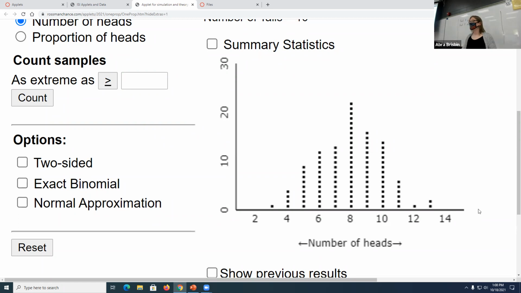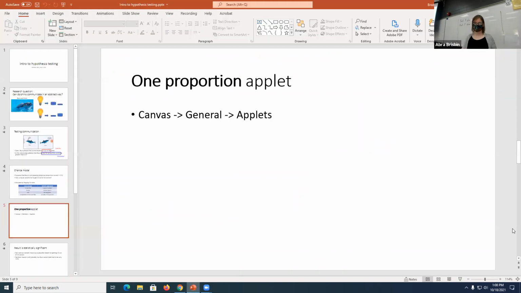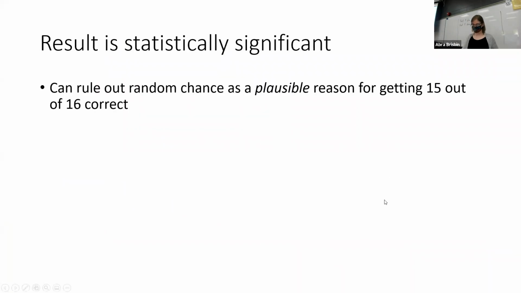So that means that if Buzz really were just guessing, it would be extremely unlikely for him to get as many as 15 out of 16 correct. So we say that this result is statistically significant.